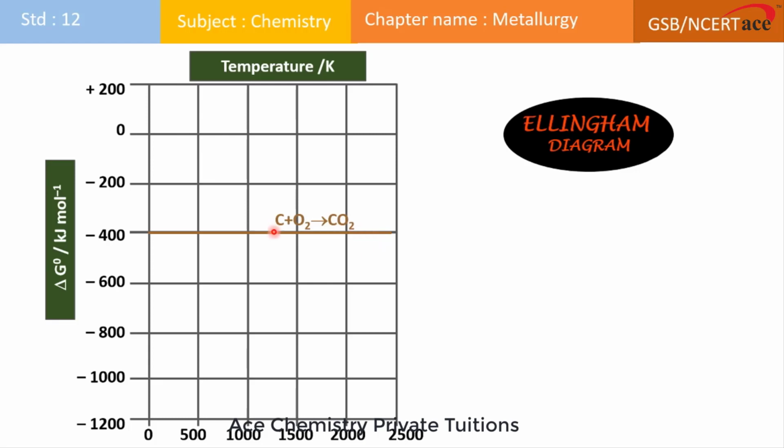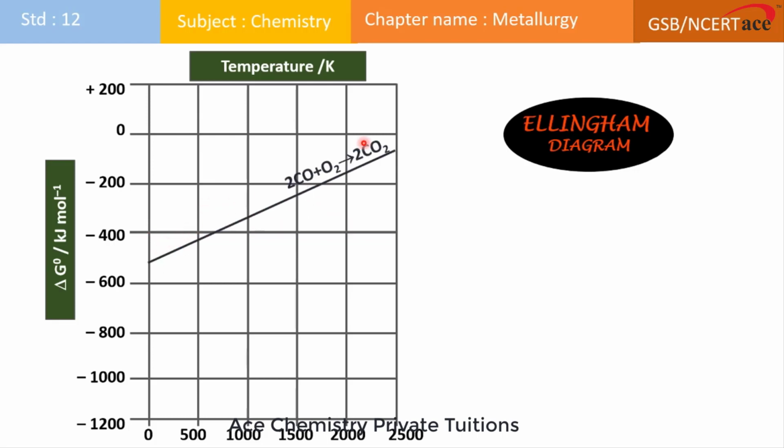So it indicates that this process is totally independent of temperature. So formation of carbon monoxide was favored at higher temperature, but here formation of carbon dioxide from carbon is independent of temperature, because this graph is parallel to the x-axis and there is no deviation in the graph, meaning there is no change in the value of the delta G naught.